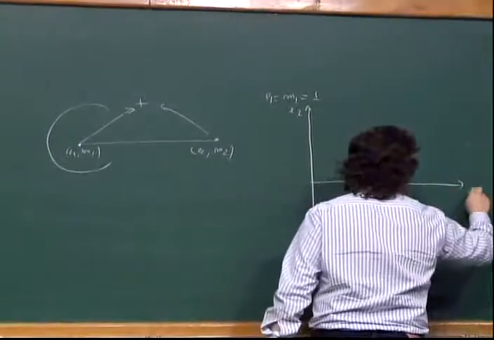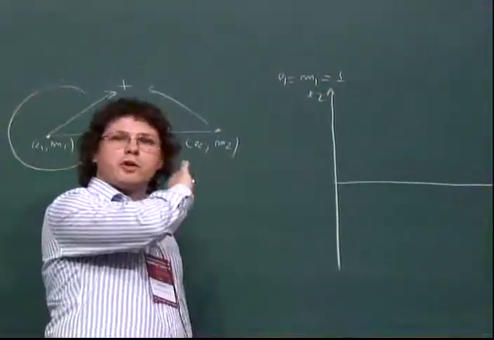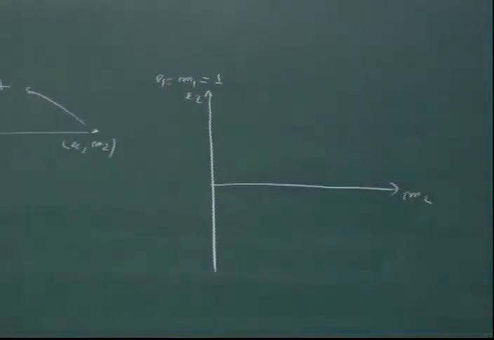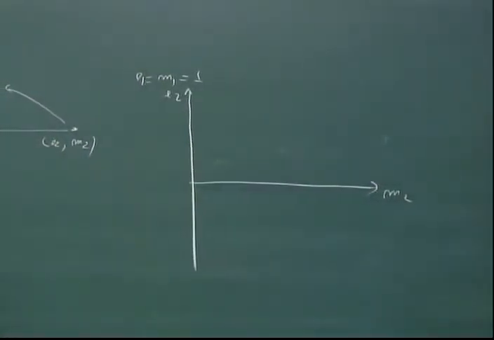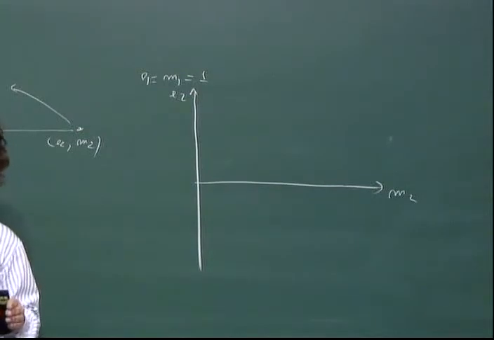This is the axis for the mass of the second particle. And what we can do is use symplectic reduction, using the integrals of motion which are known, 2 linear momenta and 1 angular momentum, to reduce the system to 2 degrees of freedom. But we can prove more.